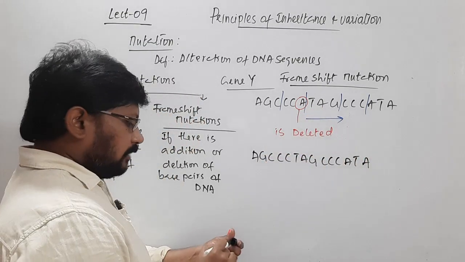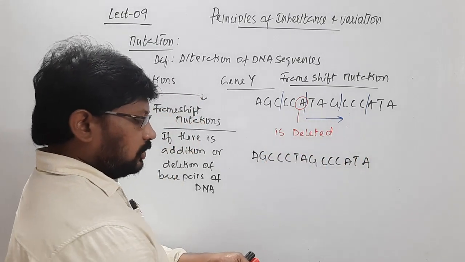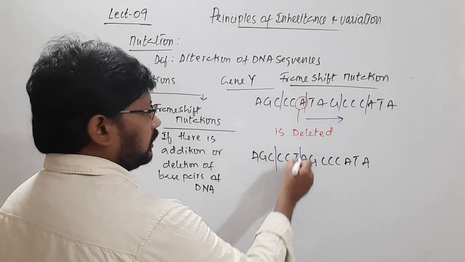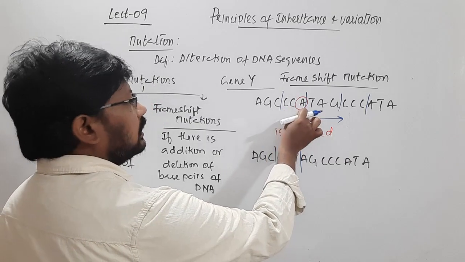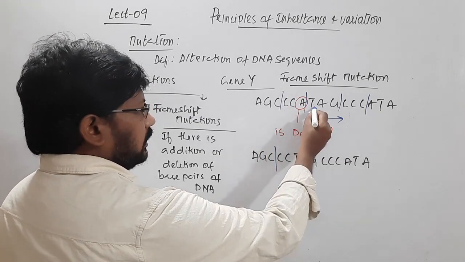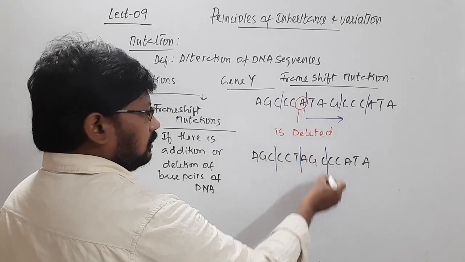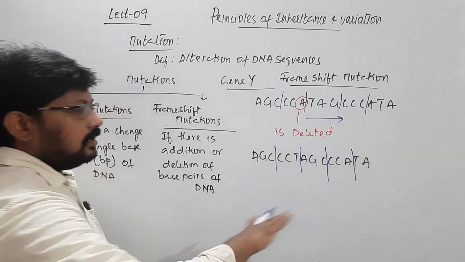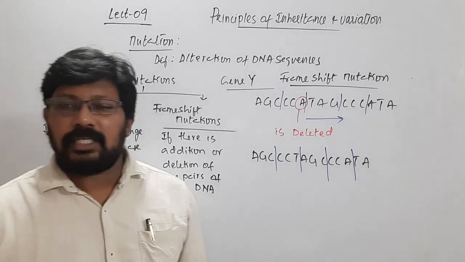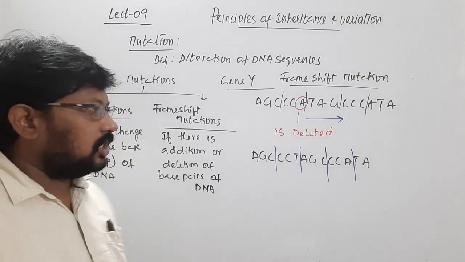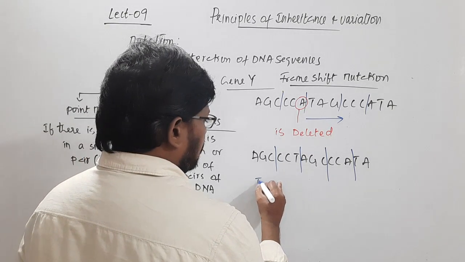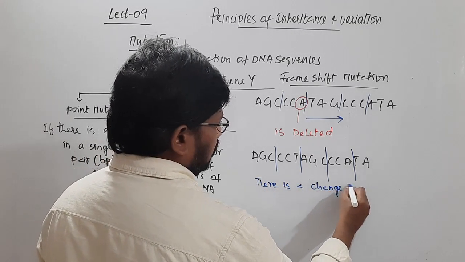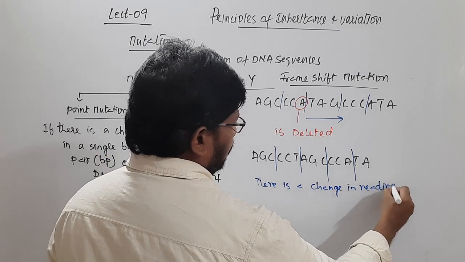Now right from that point we'll see a change. AGC will remain the same, but now it has become CCT, earlier it was CCA. The next one is TAG, now it became AGC, then CCA. You can see right from that point the reading frame is changed. So there is a change in reading frame.